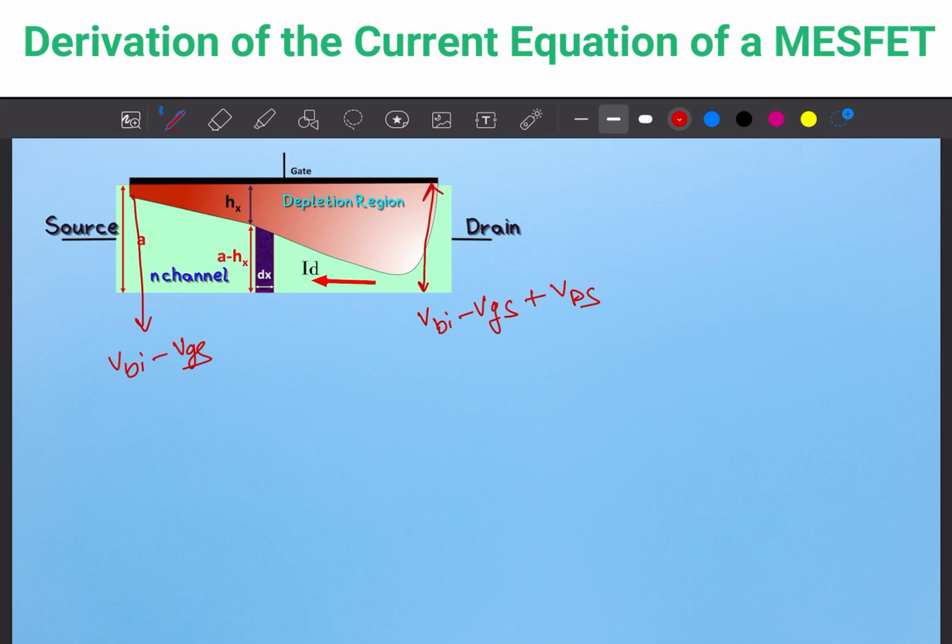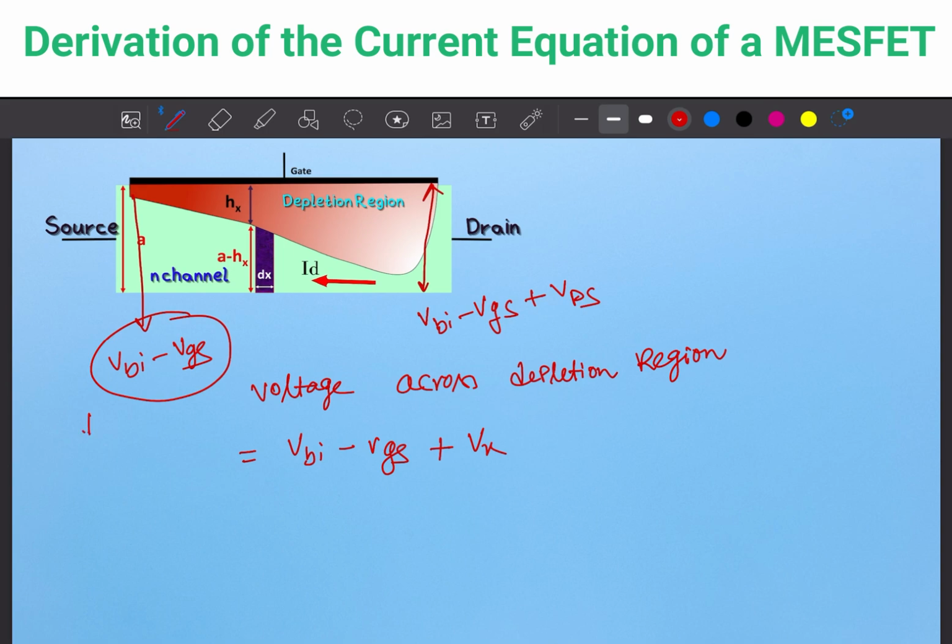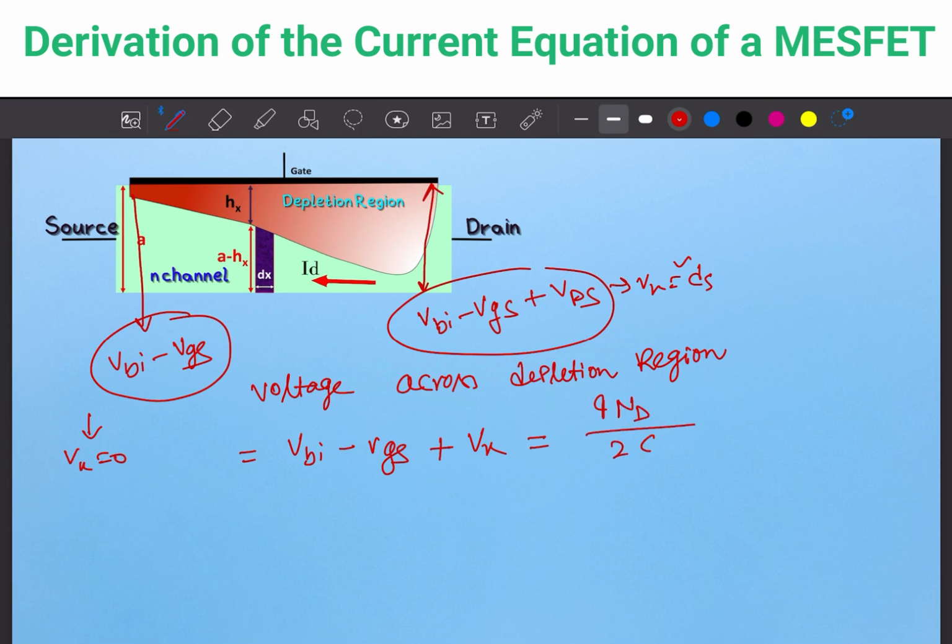So we can write down the general equation: the voltage across the depletion region will be Vbi minus VGS plus Vx. At this point Vx is equal to 0, and at this point Vx is equal to VDS. So this is equal to q Nd divided by 2 epsilon into Hx whole square, as Hx is the depletion region height.